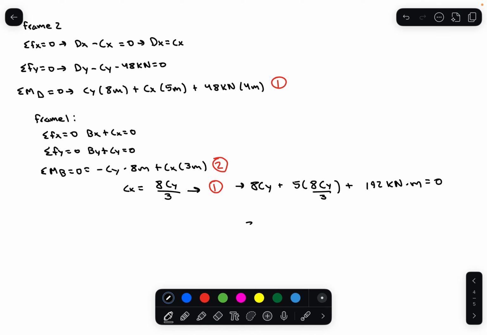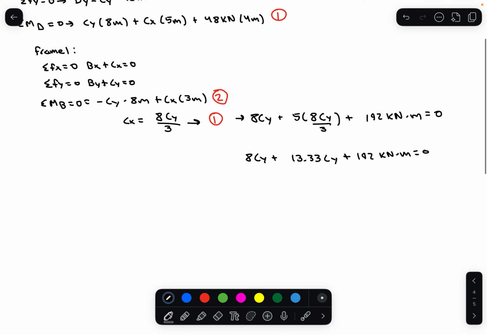Okay, so just rewriting some things and simplifying. 5 times 8 is 40. And then 40 divided by 3 is 13.33, repeating. So that's 13.33Cy plus 192 kilonewton meters.